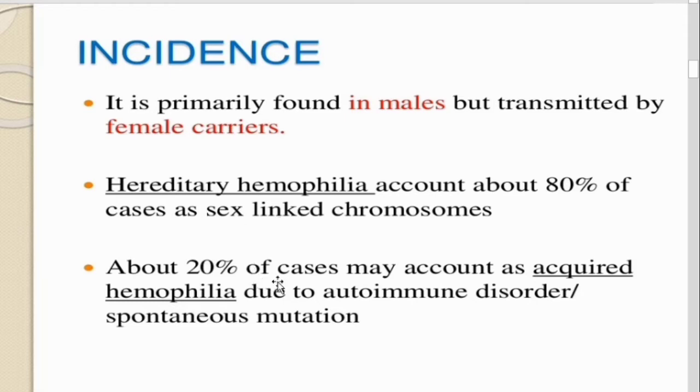About 20% of all cases is acquired hemophilia, which is due to an autoimmune disorder or a spontaneous gene mutation. Autoimmune disorders like rheumatoid arthritis or SLE, systemic lupus erythematosus, may cause hemophilia, and sometimes a spontaneous gene mutation is also responsible for hemophilia.